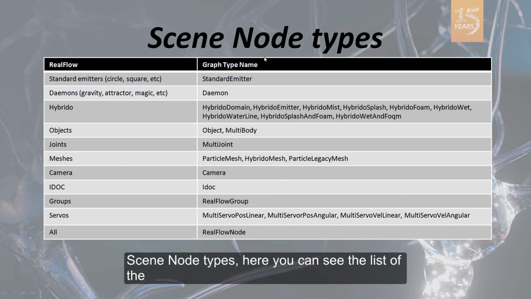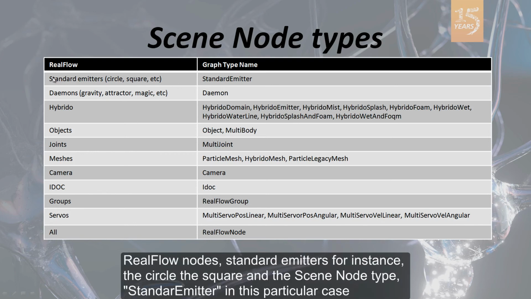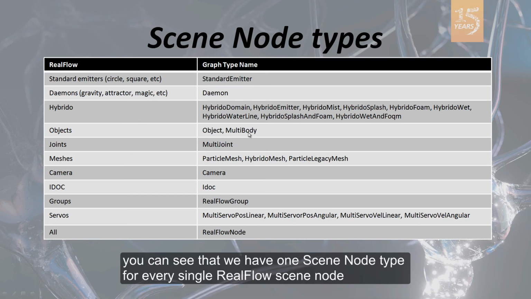You can see here the list of the RealFlow nodes: standard emitters, for instance, the circle, the square, and the scene node type, standard emitter in this particular case. So you can see that we have one scene node type for every single RealFlow scene node.